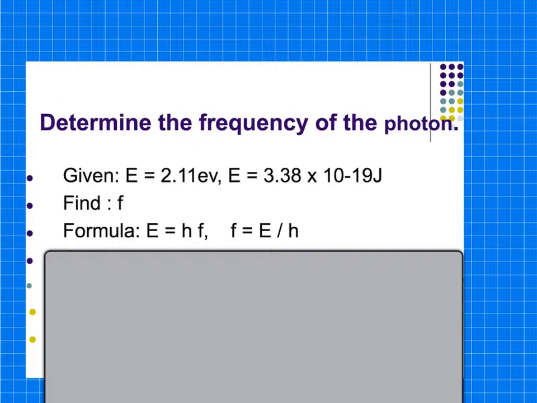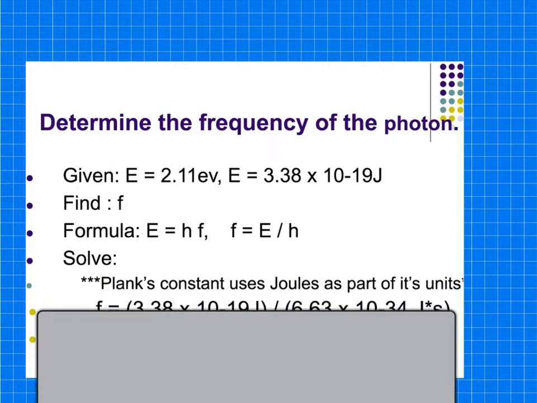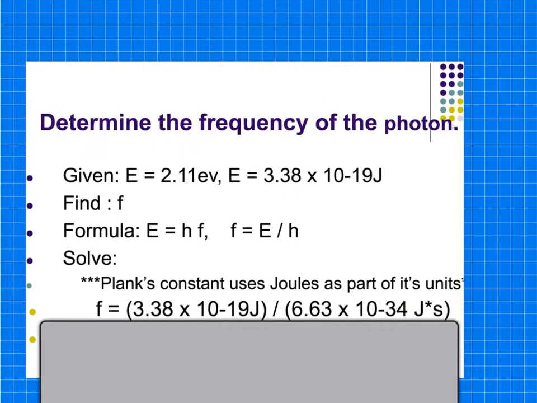So to be dimensionally consistent, we have to use our energy in joules. We're going to use the energy we just found, 3.38 times 10 to the negative 19 joules, and determine the frequency using Planck's constant. So frequency is equal to the energy divided by Planck's constant, h. Go ahead and do that calculation, press pause.